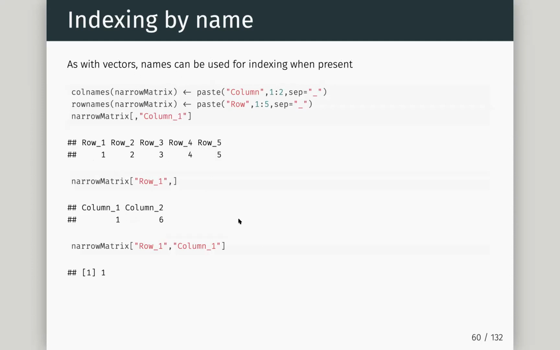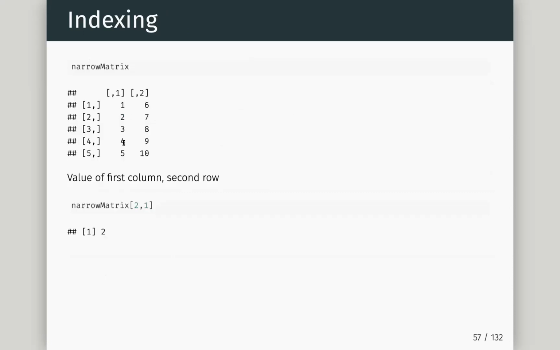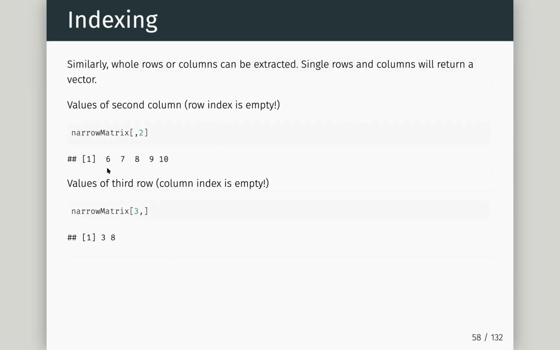As with vectors, because the same tricks apply, we can use our column names and our row names to extract particular cells from our matrix. I'm just going to have to assign some column names first. So here I just assign 1 or 2 to our columns and rows 1 to 5. I guess it's 2. Yeah, it's 2 columns, 5 rows.